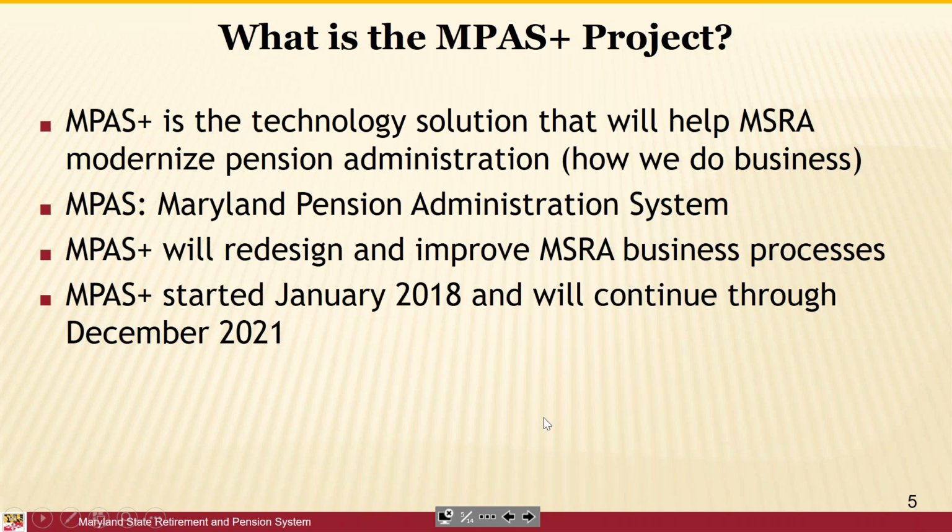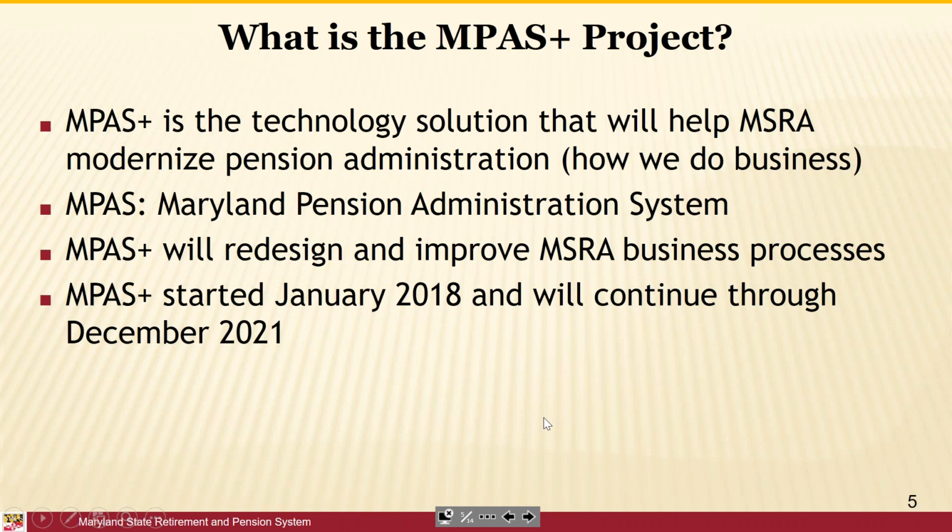That is the database system that processes all the retirement benefits, the estimates, the payroll. Everything is done through what we call MPAS. The MPAS Plus will redesign and improve our business processes. Again, we're looking to become more efficient in what we do here at the Maryland State Retirement Agency so we can better serve our customers, and we'll get into that in just a second.